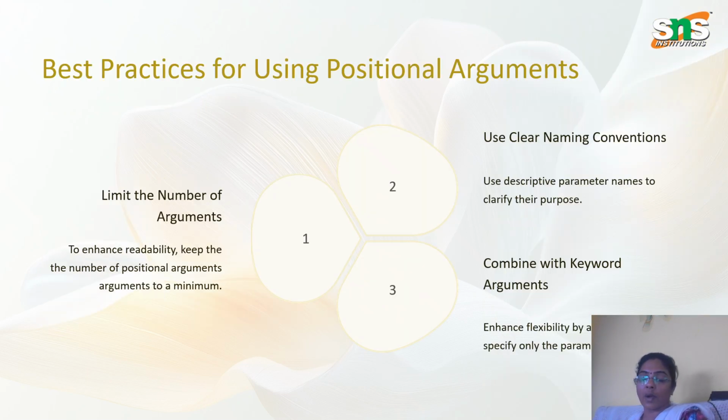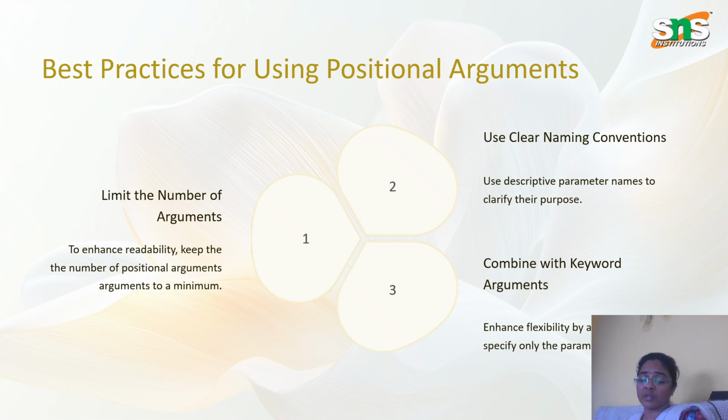And then, as we saw in the previous slide, while limiting the number of arguments, it can enhance the readability, so keep the number of positional arguments to the minimum. And then we should use clear naming conventions, by using descriptive parameter names to clarify their purpose, and then it also enhances the flexibility.